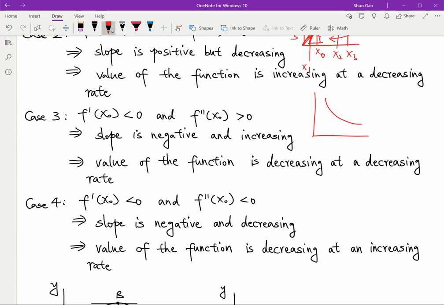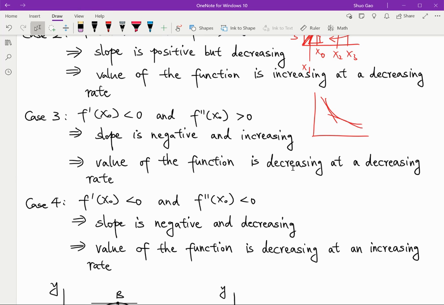Like this, right? The slope is negative, it's a downward sloping line, but the second derivative is a positive number. So that means that the slope is actually increasing.